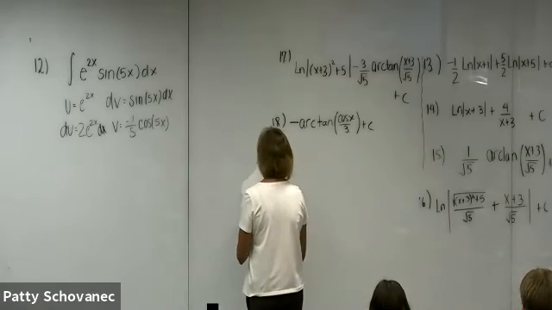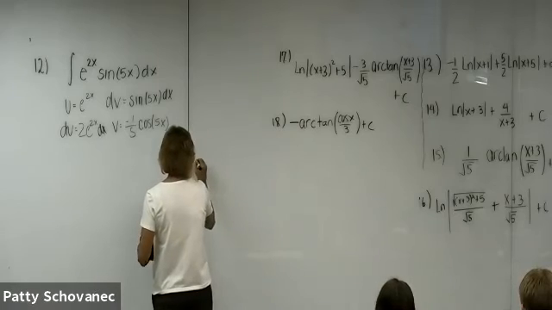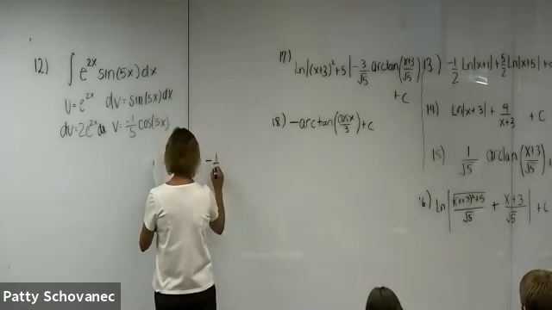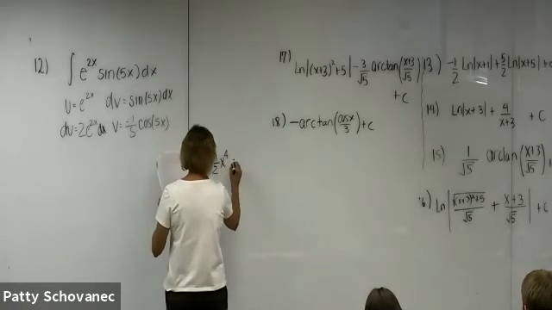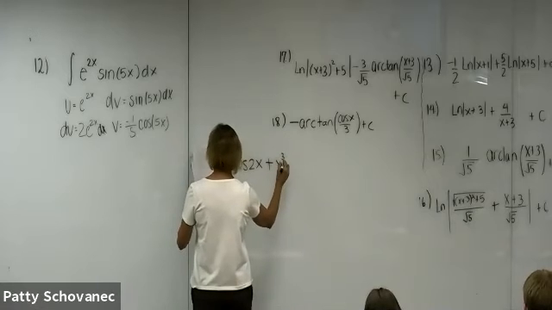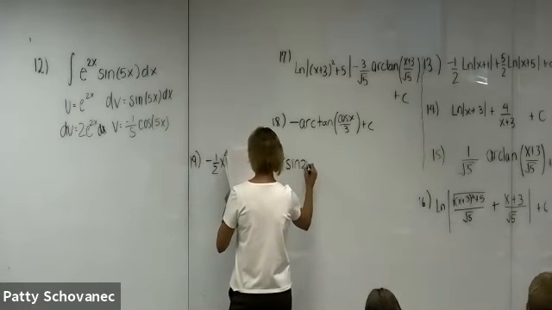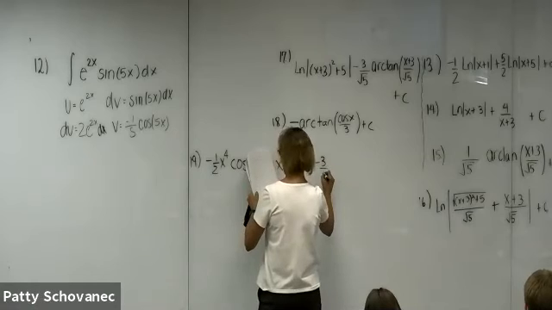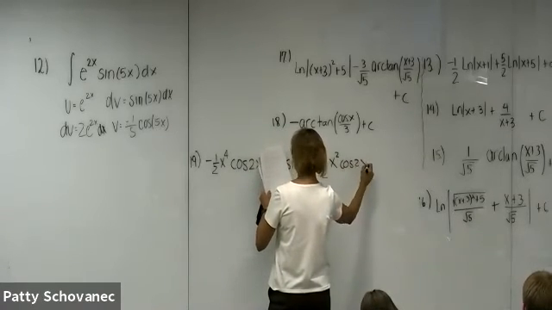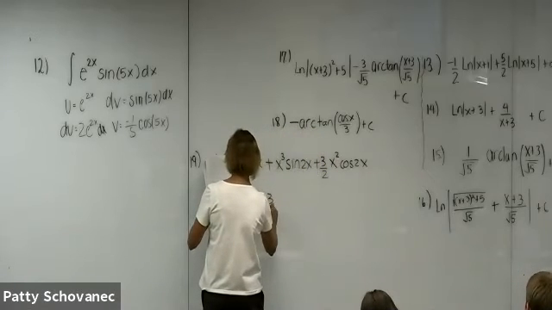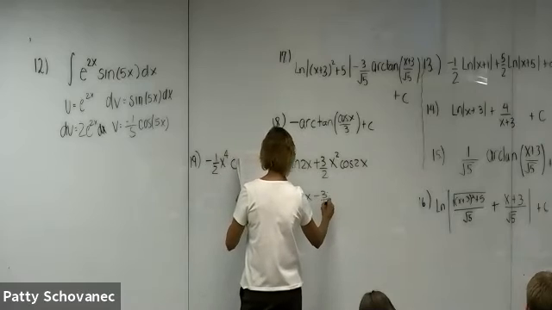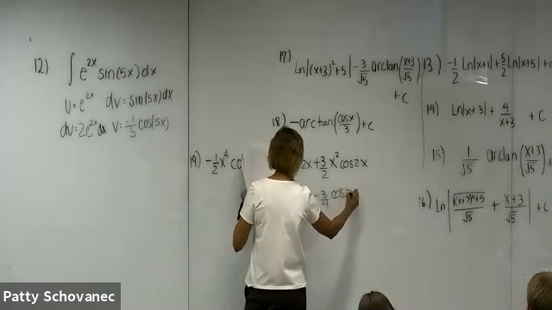You get negative 1/2 x to the 4th cosine of 2x plus x cubed sine of 2x plus 3/2 x squared cosine of 2x, minus 3/2 x sine of 2x minus 3/4 cosine of 2x plus c.